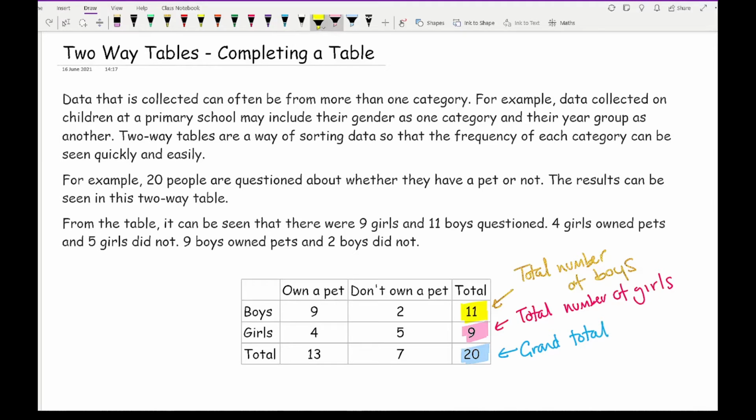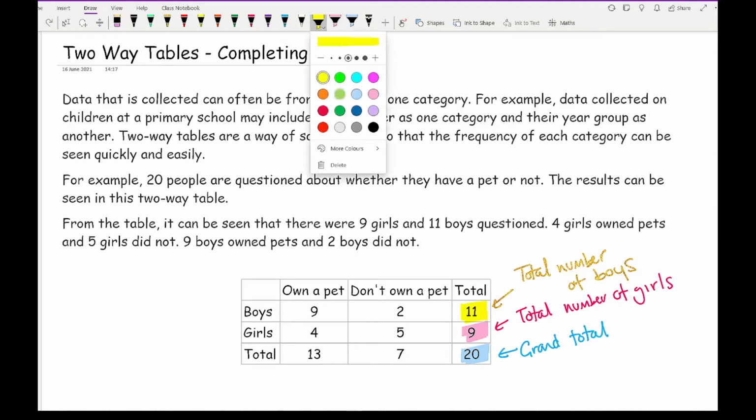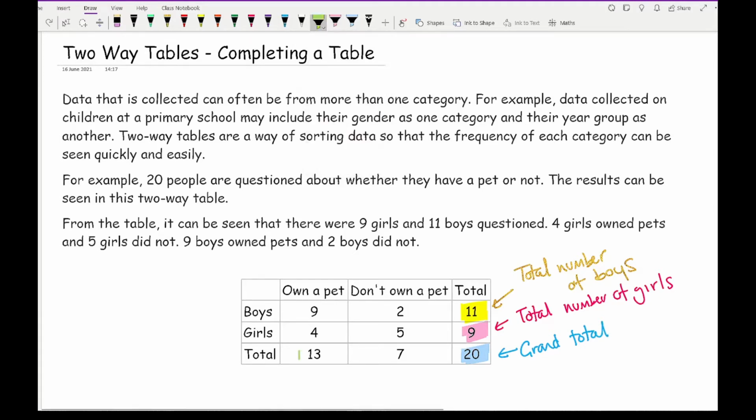And if I get another highlighter, let's see if we can get a different colour. Let's go for green. So, this number here represents the total number of pupils that own a pet.